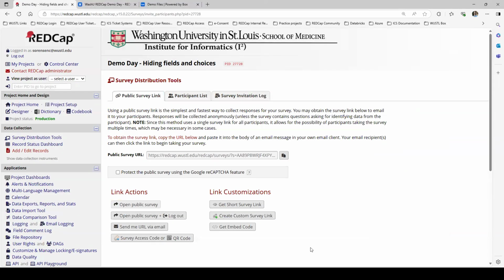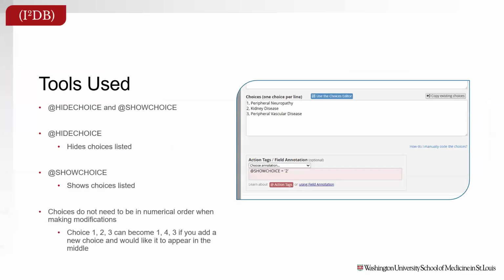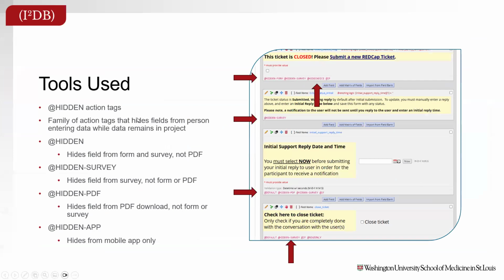Okay, going back here. So those are your hidden action tags, where you can hide in various ways to make sure you keep the data, but you don't have to collect any data moving forward.